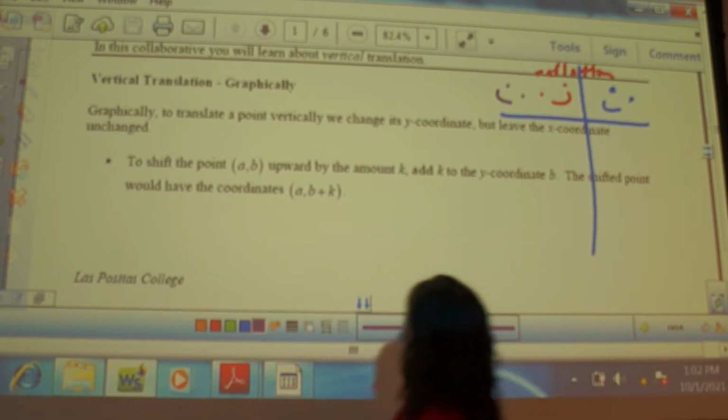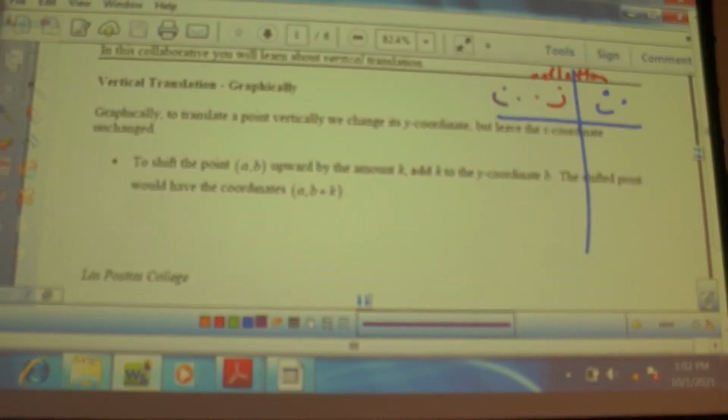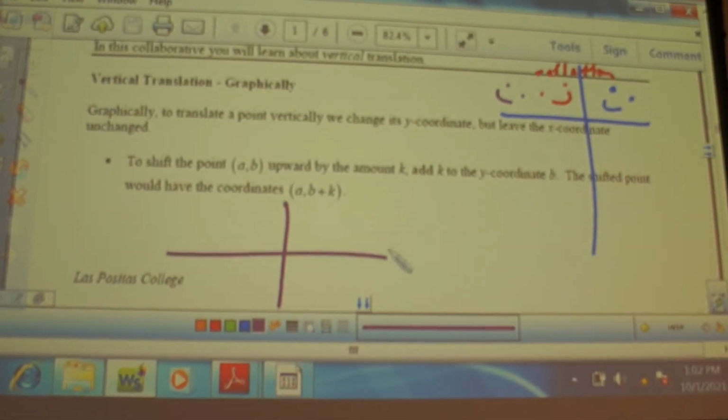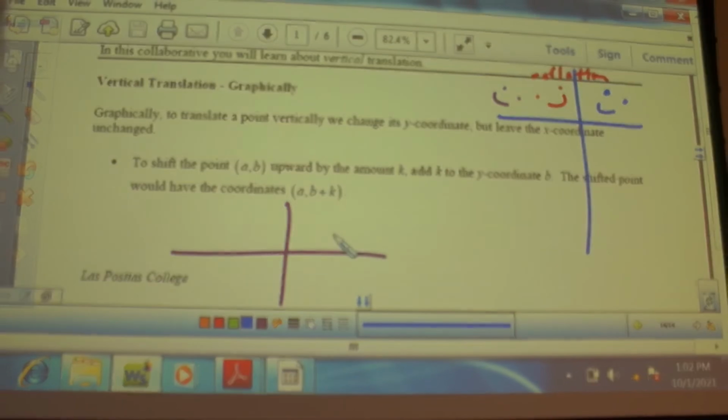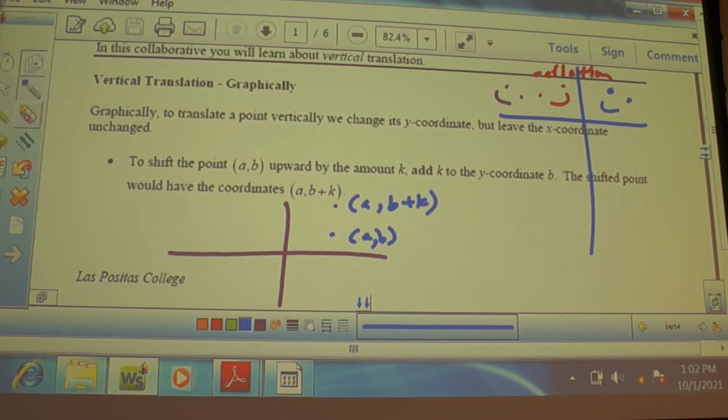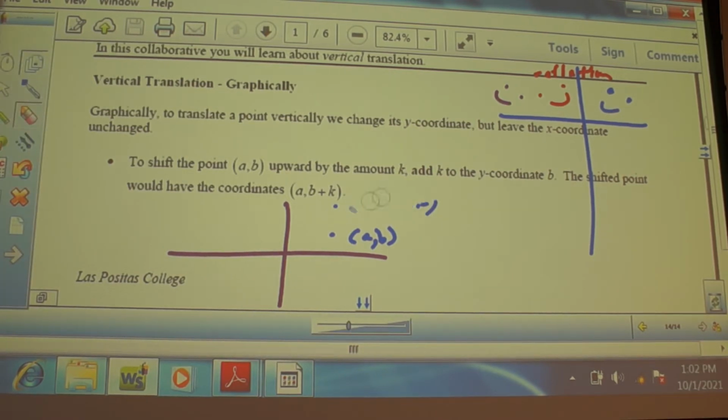So, to shift the point (a, b) upward by amount k, I would just add k to the y. Okay, so let's use real numbers. So let's say shifting the point (2, 1).